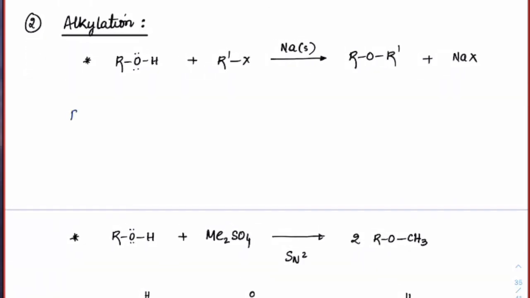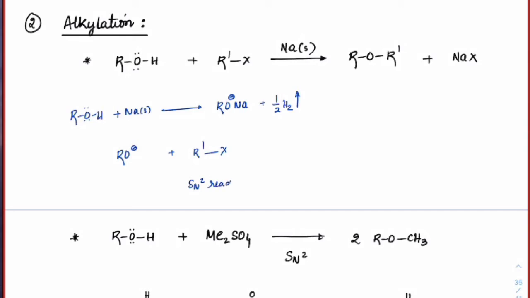First, we know that alcohol ROH in the presence of sodium, we can expect it will form alkoxide RO minus Na plus and half H2 gas. Alkoxides are powerful nucleophiles, and as long as we have SN2 ready, just keep recalling SN2 ready. What does that mean?